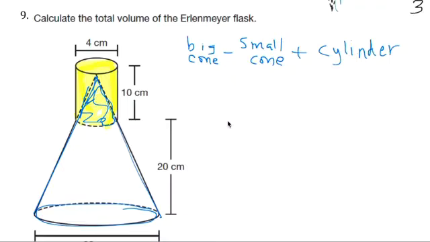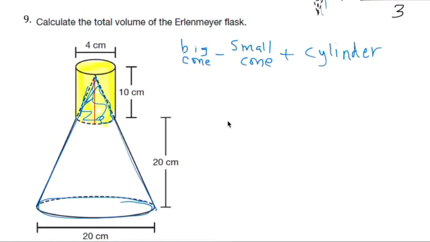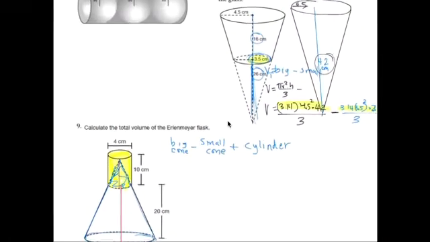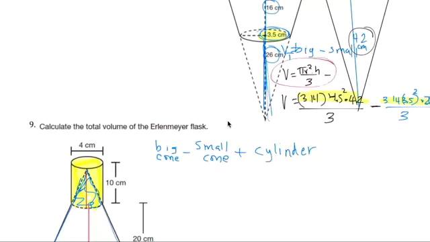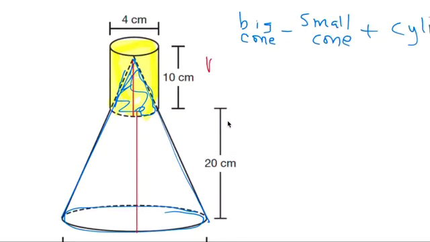Okay, big cone. The big cone, this is 10 plus the 20, so that's the height of the big cone. So we know volume of a cone is up here. That's the formula. So big cone, total volume equals 3.14 pi r squared.